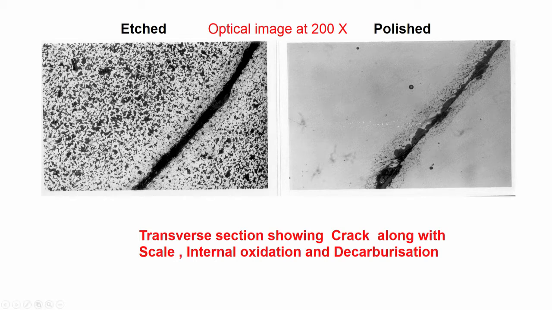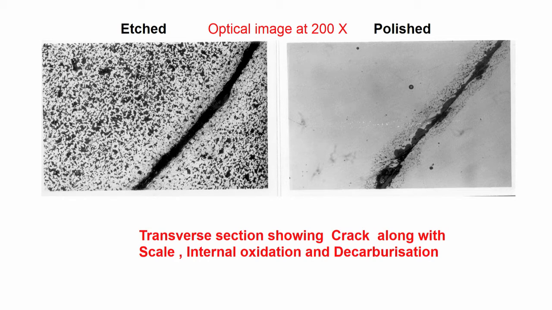Now, when we etch it, this on the left is the etched condition. Here the actual morphology of the crack is not properly revealed, but because of etching, the microstructure just adjacent to the crack and away from the crack is properly delineated.